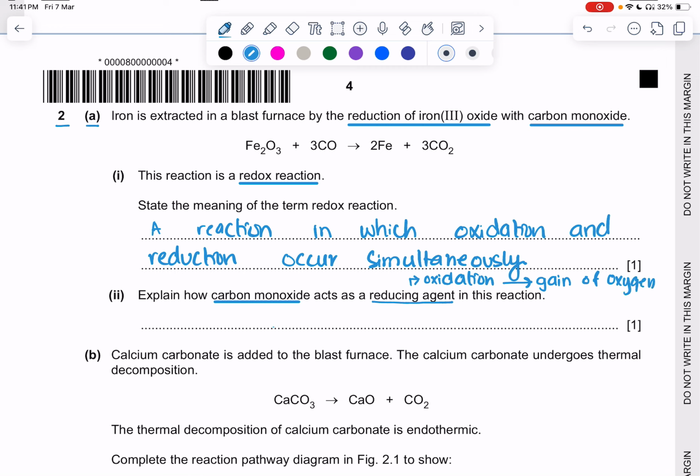So in the above chemical equation, carbon monoxide, CO, changes to carbon dioxide, which means gain of oxygen occurs. So we can say that carbon monoxide gains oxygen from iron 3 oxide.